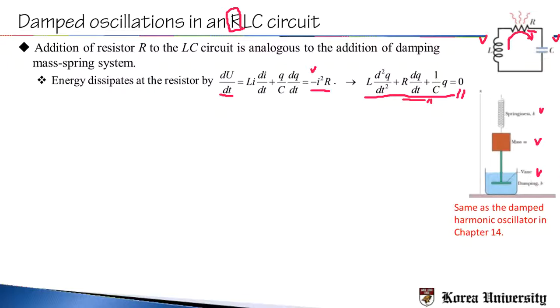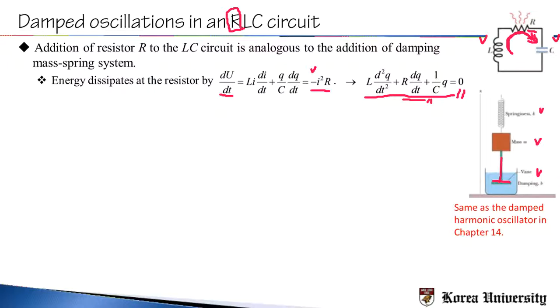If you go back to chapter 14, we had this mass spring damper system where, when this bar is immersed in the liquid, because of the drag force, the mechanical energy will be lost. And this is exactly the same situation as the electromagnetic energy being lost in the resistor.